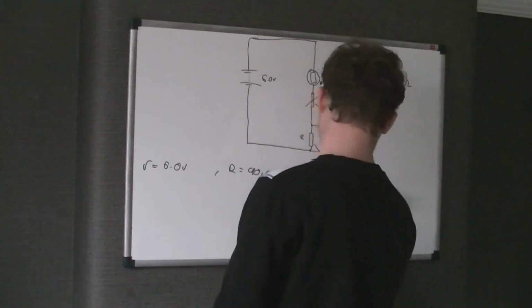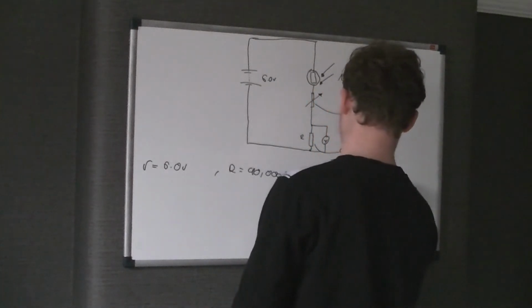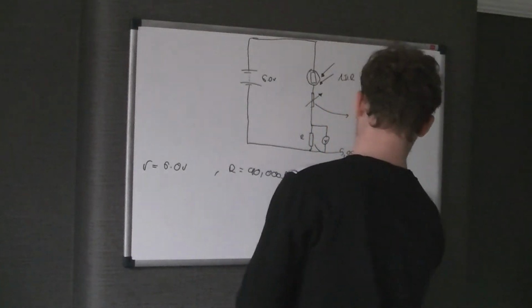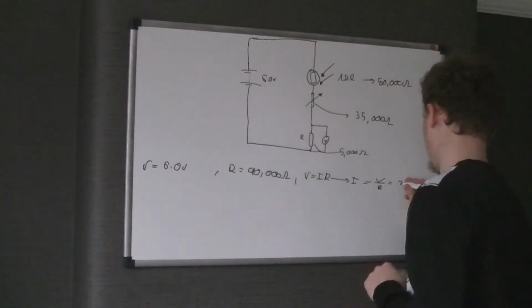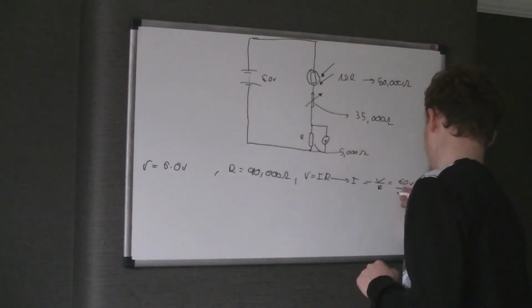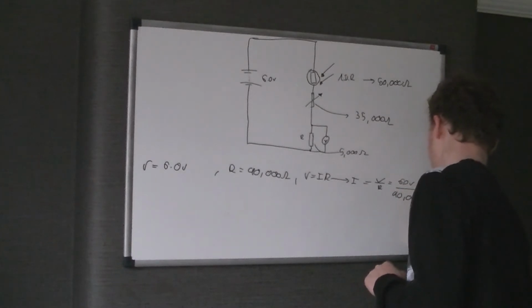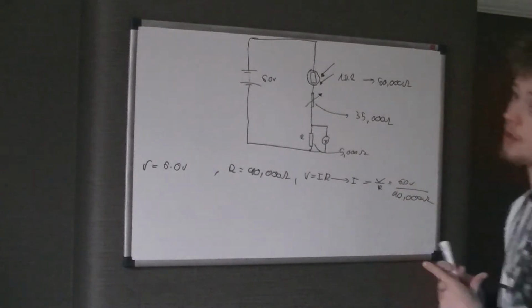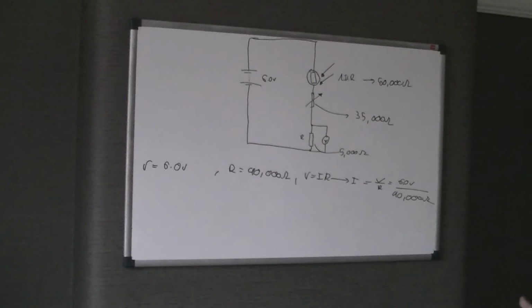We want to find the current, so I is equal to V over R, so 6 volts over 90,000 ohms. Remember, it's 90,000 ohms, or 90 kilo ohms. Even though they mean the same thing, you'll get a different answer if you use one or the other. So it's 6 volts over 90,000, which gets you 6.7 times 10 to the minus 5 amps.